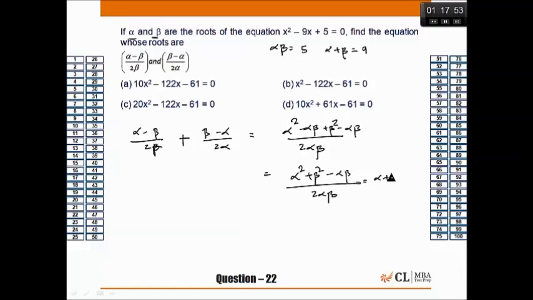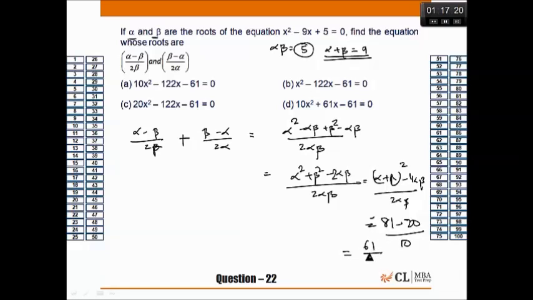This becomes alpha square plus beta square minus 2 alpha beta, which is alpha plus beta the whole square minus 2 alpha beta, minus 2 alpha beta, so minus 4 alpha beta, divided by 2 alpha beta. Alpha plus beta the whole square is 81, minus 4 times 5 is 20, divided by 2 into 5, which is 10.